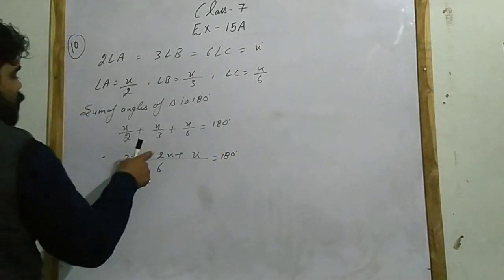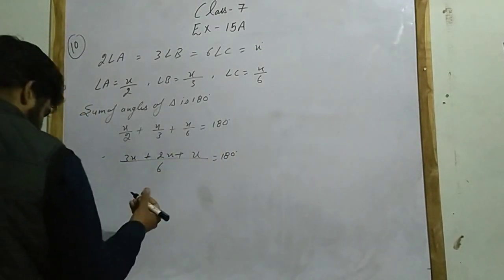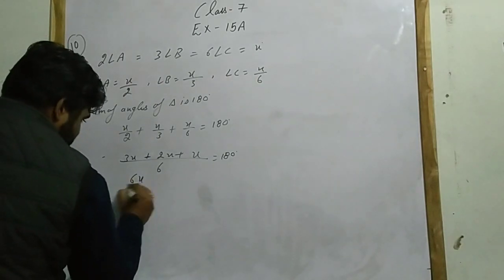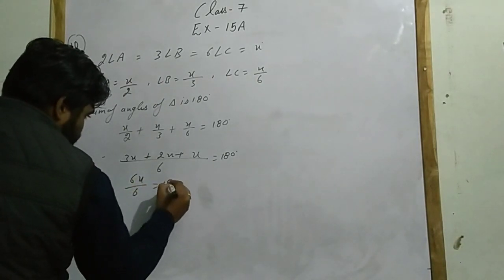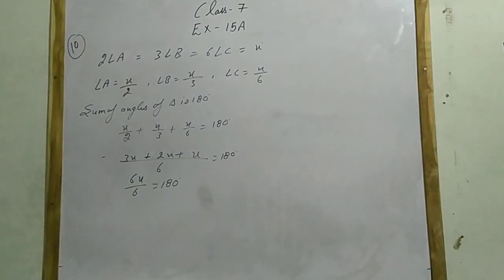So 3 and 2, 5, 5 and 1, 6. 6x upon 6 equals to 180 degree. Now 6x upon 6 equals to 180 degree.